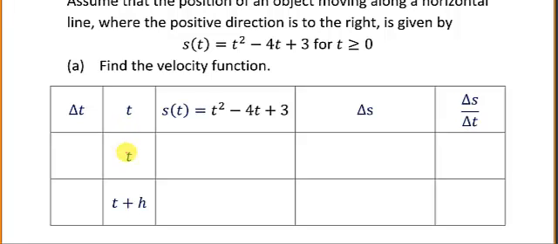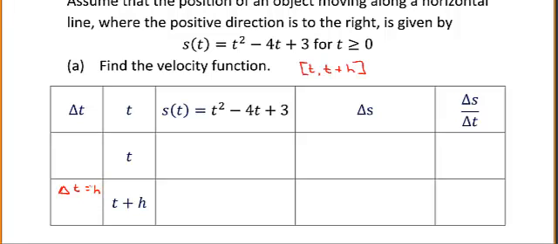So let's suppose that we're going on the interval from t to t plus h. So we start out with t equal to t and end with t equal to t plus h. So the change in t is t plus h minus t, which is just h.